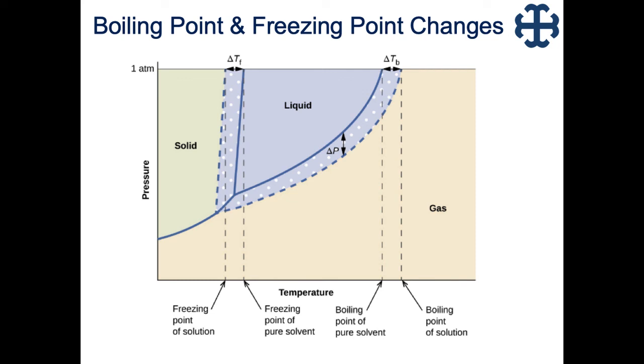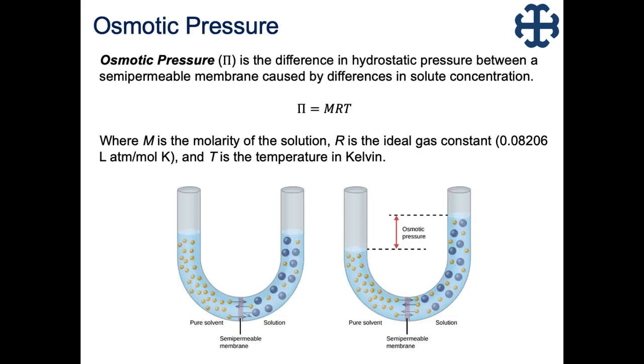Okay? All right, so one last thing for our pre-lecture video is osmotic pressure. We represent this with the variable uppercase pi, so that's actually the uppercase of the Greek letter pi. And it's a difference in hydrostatic pressure across a semi-permeable membrane caused by differences in solute concentration.